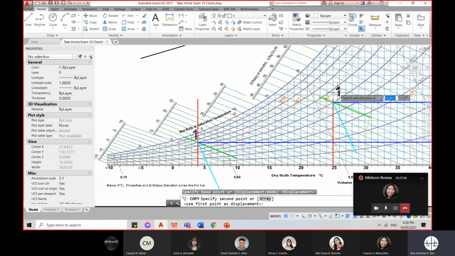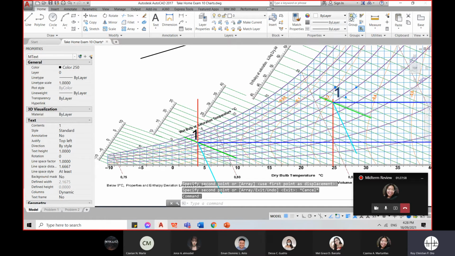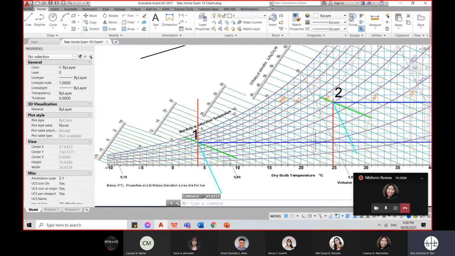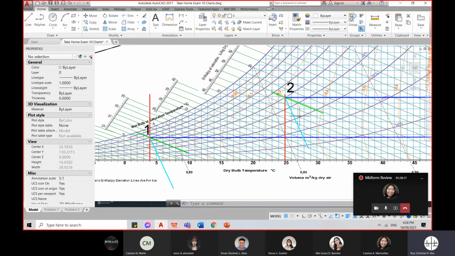I'd like to preface this by saying that usually everything except the specific volume comes from the chart, but for the specific volume I rely on online calculators or charts, because the distance between the specific volume lines is wide, so it's hard to estimate.